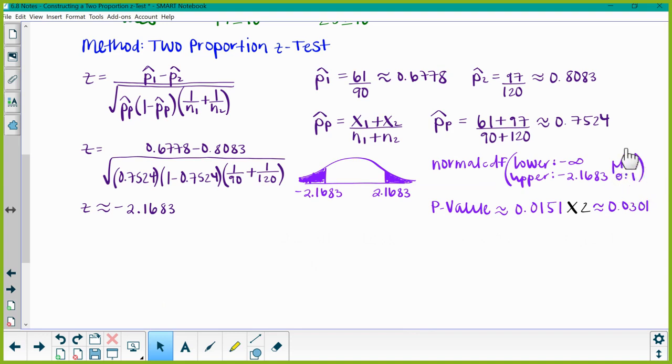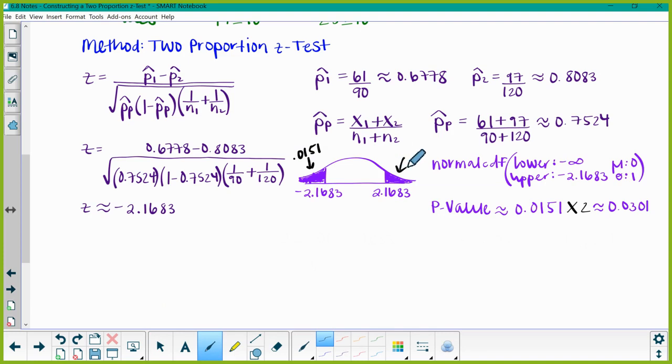You're always going to have a mean of 0 and a standard deviation of 1 when you are working with z-scores. So that makes my p-value approximately 0.0151, and that's only for one shaded region. So this area right here is 0.0151.